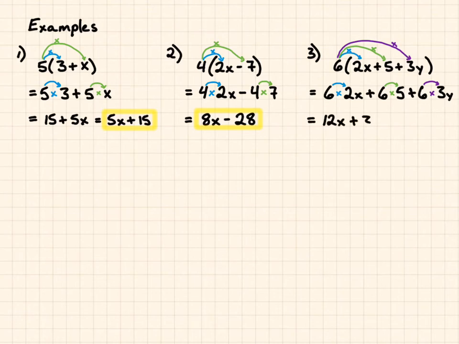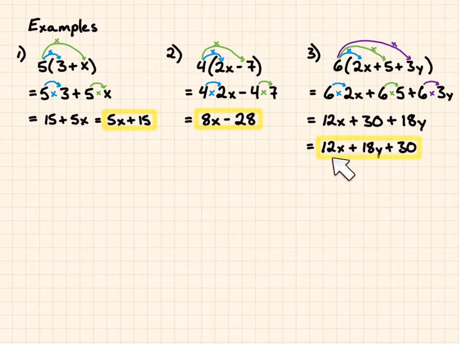I end up with 12x plus 30 plus 18y, and I'll move this around so I have my variable terms at the beginning. If it's all addition, it's preferred that you use the commutative property to put it in this order, so that the variables are in the front.